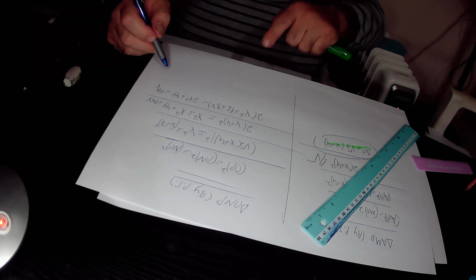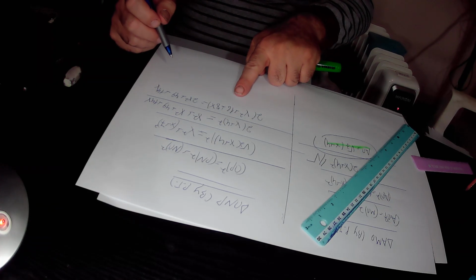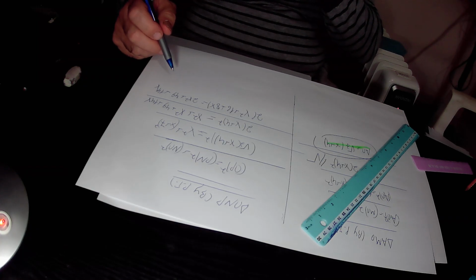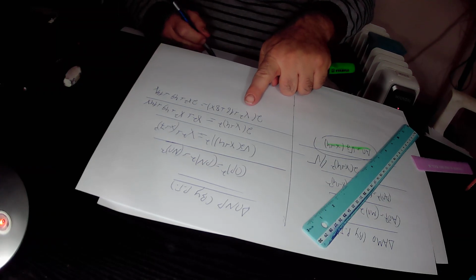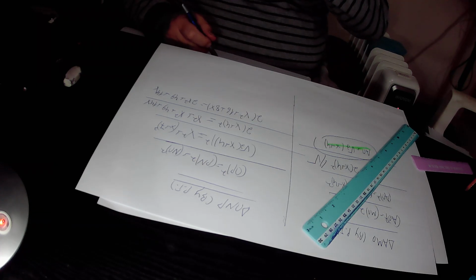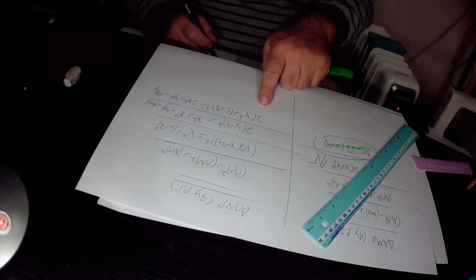Actually, here (x + 4)² equals x² plus 4 squared, that is 16, plus 2 times x times 4, that is 8x. So here we will open the brackets of this expression.